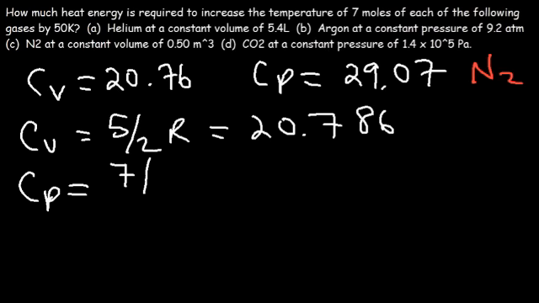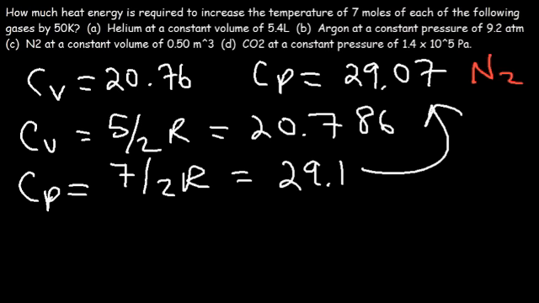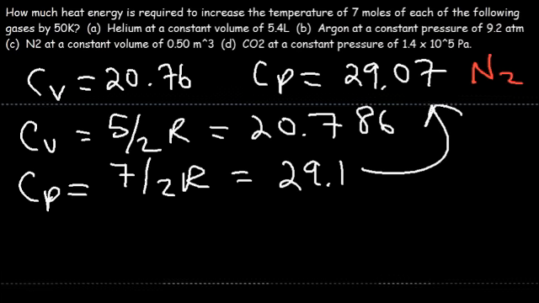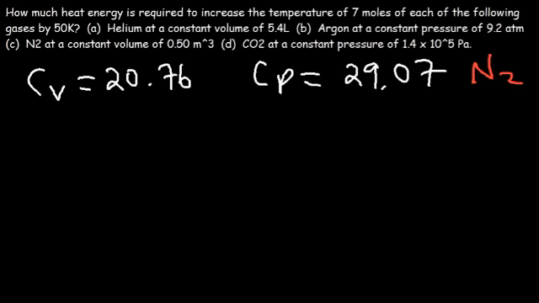For Cp, it's 7 over 2 times R. So 8.3145 times 7 divided by 2 is about 29.1, which is still a good approximation for Cp. Once you start having molecules with 3 atoms, then it begins to deviate.